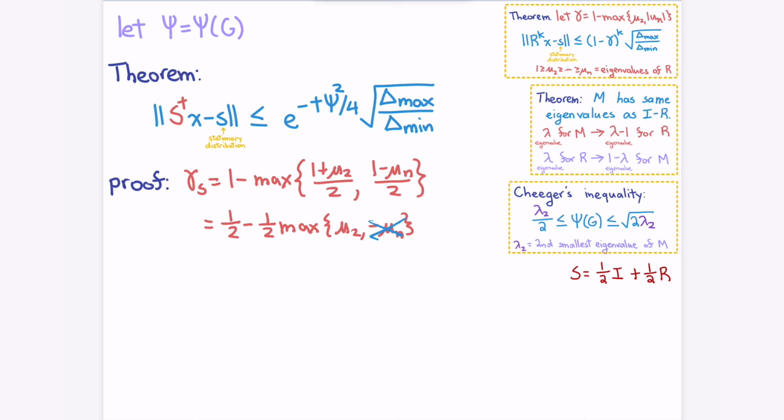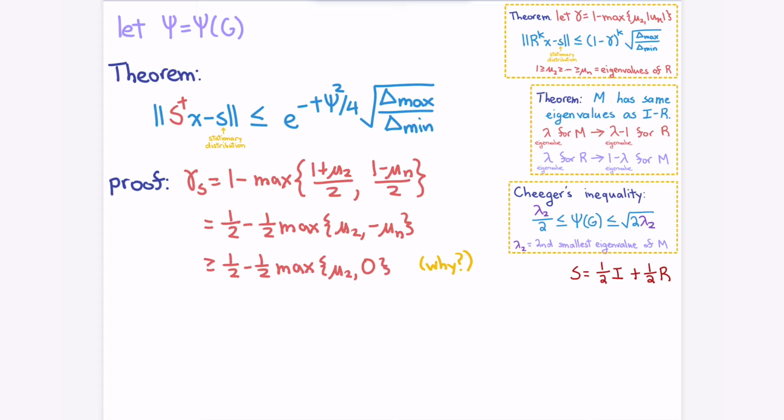Okay, maybe that gets us to this point. Since all the eigenvalues are non-negative, it's still going to be attained by mu2.